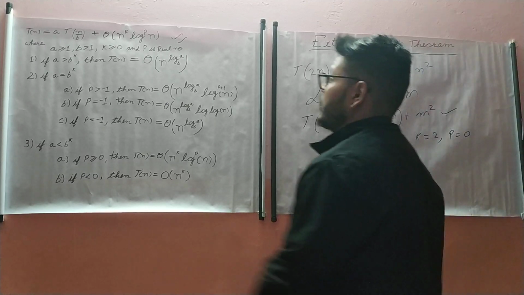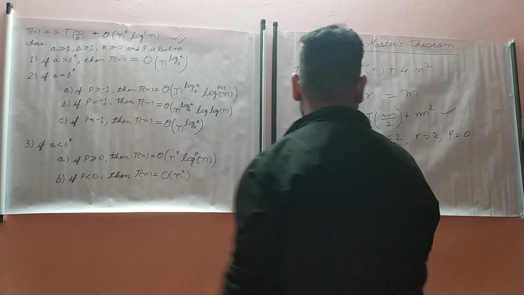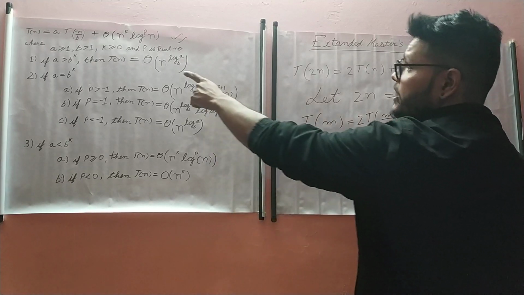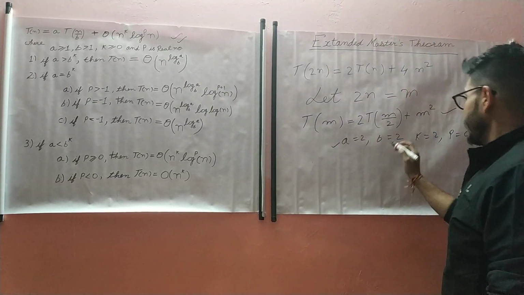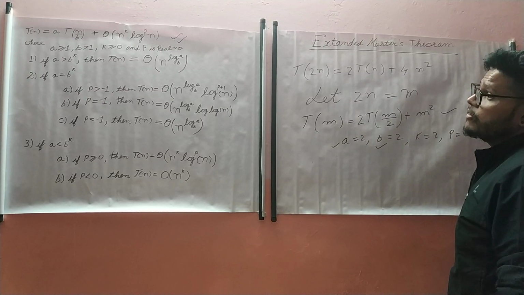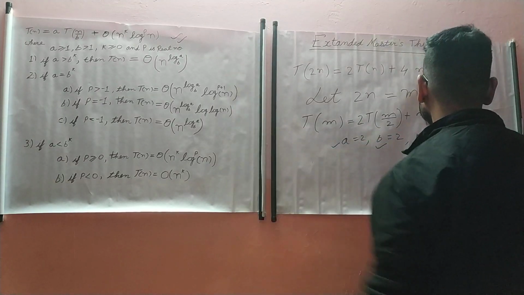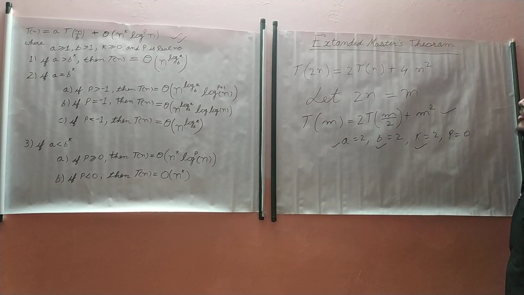We have a more than or equal to 1, this one is okay. b is more than 1, we have b equals 2, so this is also okay. k is more than or equal to 0, we have k equals 2, also okay, and p equals 0 is also okay. So we have converted the equation on which we could not apply Master's theorem into a different recurrence relation on which we can apply it.